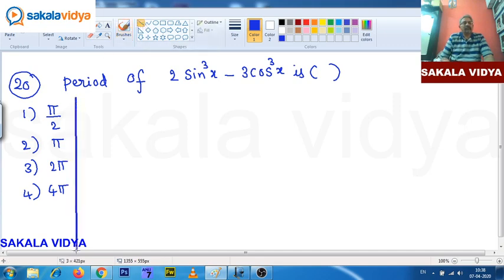This is the question now. Okay, the period of 2 sin cube x minus 3 cos cube x.